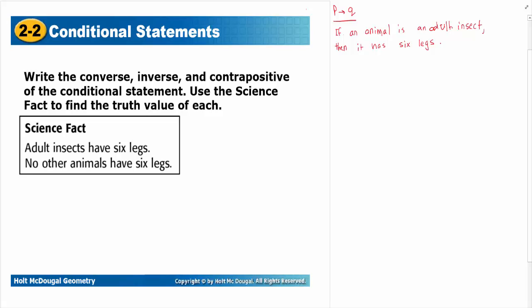So there's our if-then statement. Again, there's a few variations you can make from this, but this is the one we came up with. And once you came up with this statement, you got to figure out, is it true or false?